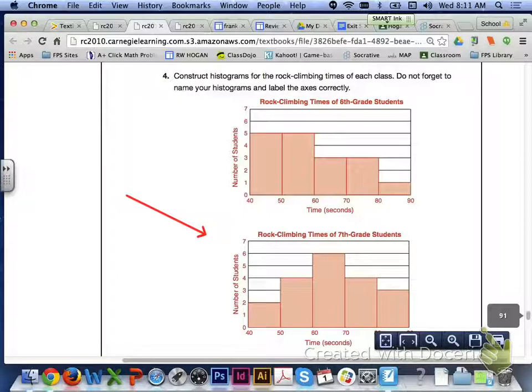Same thing for the 7th grade class. We have our title of the rock climbing times of 7th grade students. We have our number of students on our y-axis and our time in seconds on the x-axis.